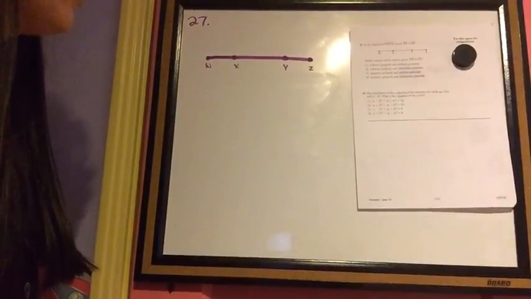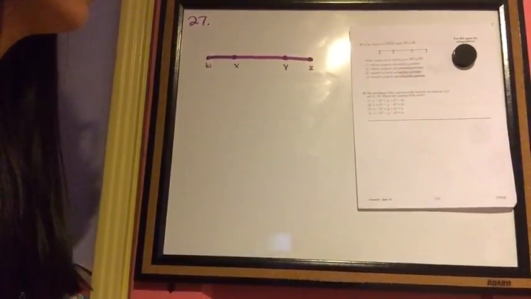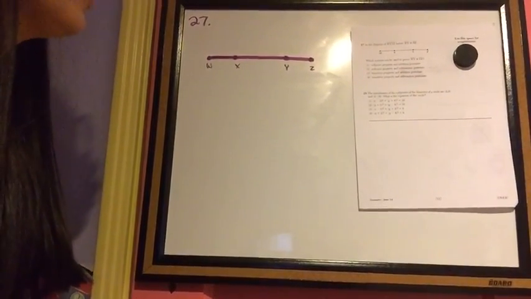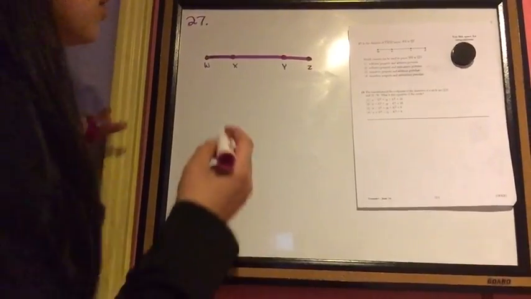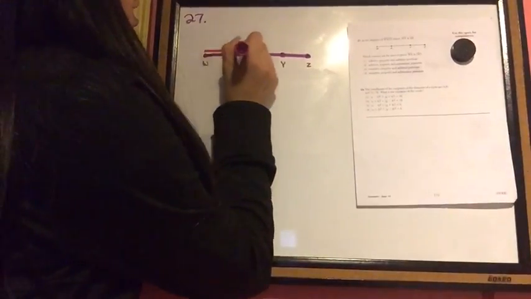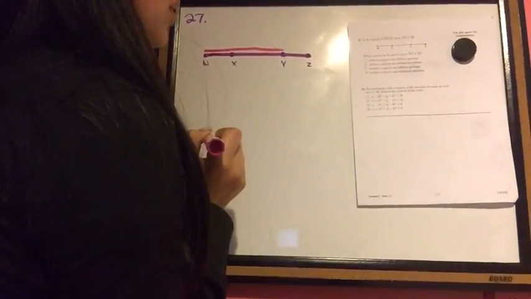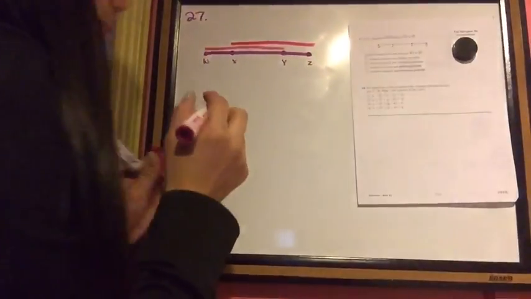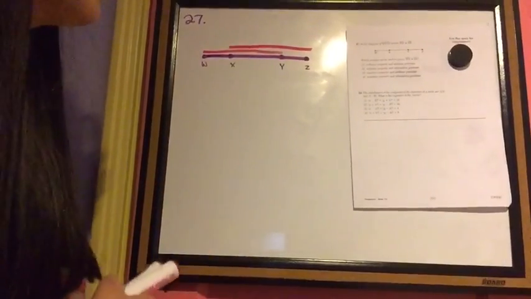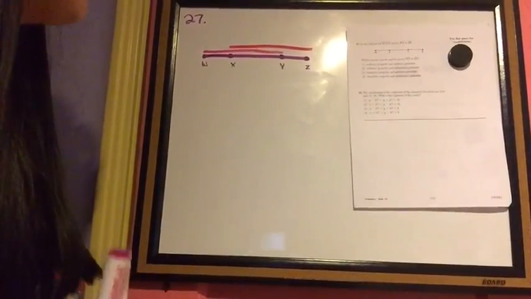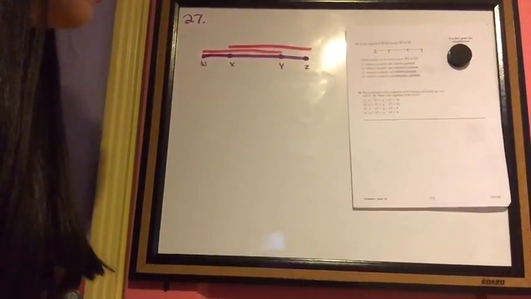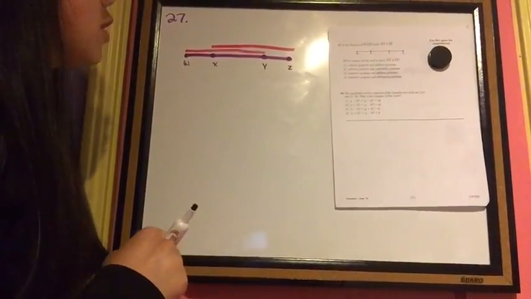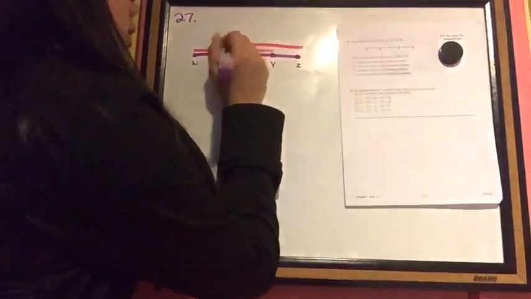So number 27 asks which reasons can be used to prove that WX equals YZ. So it tells us that WY, which is this segment here, is equal to XZ, which is this segment here. So the properties that we can use are the reflexive, because XY is equal to itself.